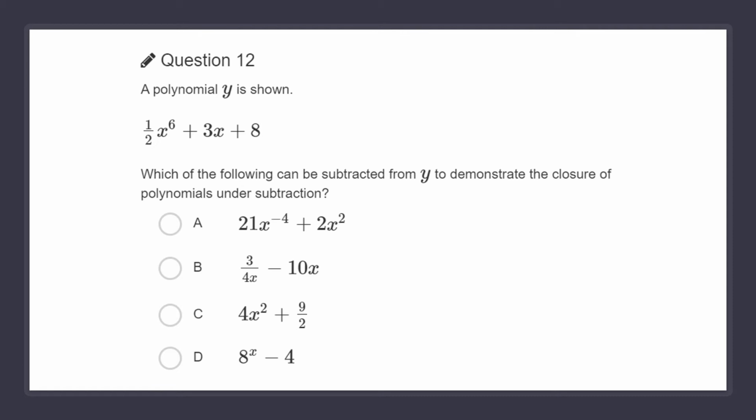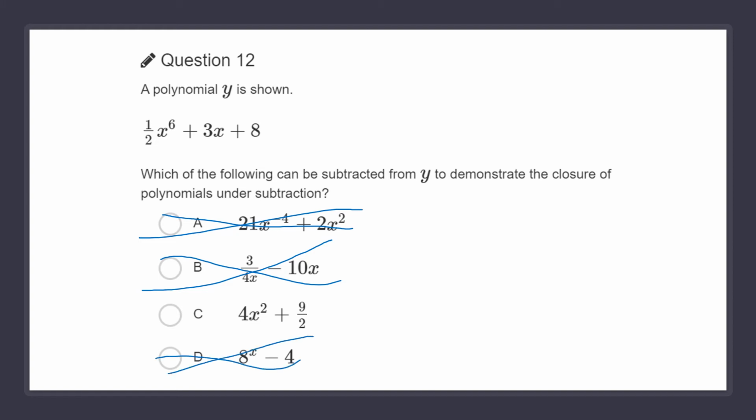They could not be negative exponents, so that takes out option A. You can't have the variable in the denominator, so that takes out B. And then you could not have your exponent be a variable, so that takes out option D. So the only one of those that is a polynomial is option C.